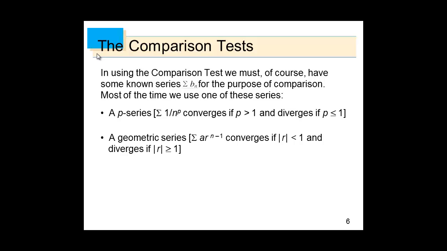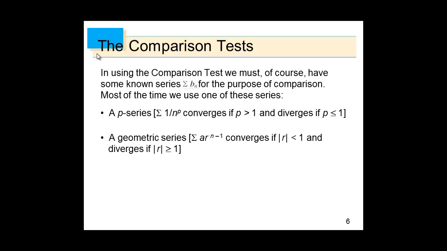Usually, these are the two types of series that you use for the series Bn: either a p-series or a geometric series. Do we know when a p-series converges? A p-series converges exactly when p is greater than 1, and diverges when p is less than or equal to 1.